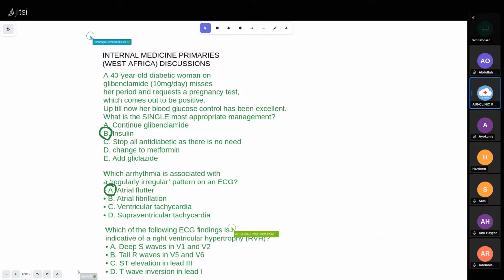Which of the following ECG findings is indicative of right ventricular hypertrophy? Deep S waves in V1 and V2, tall R waves in V5 and V6, ST elevation in lead 3, T wave inversion in lead 1. Okay, let me put the question here in the chat box.